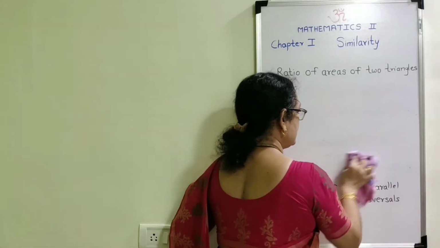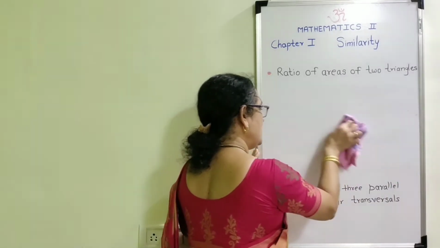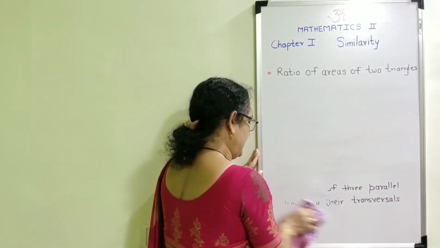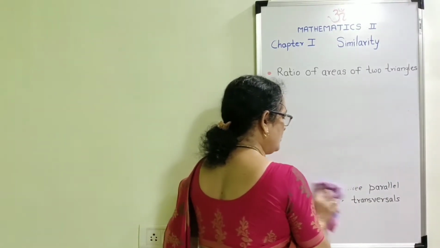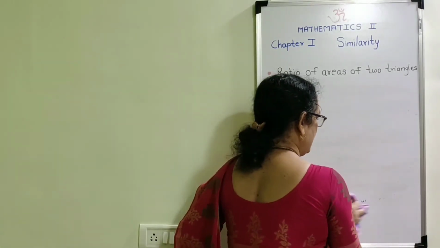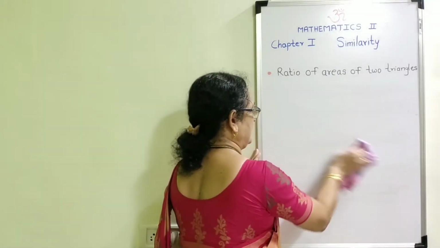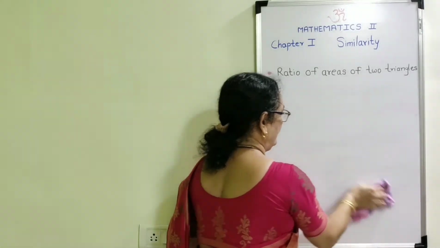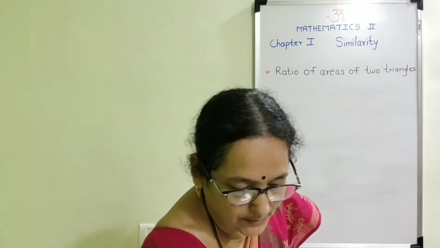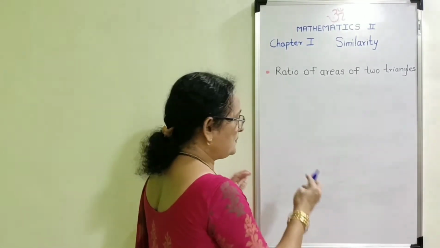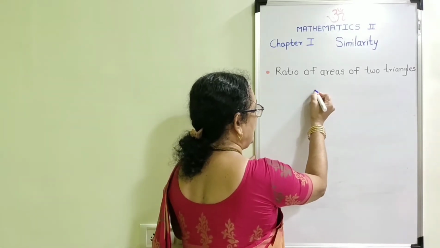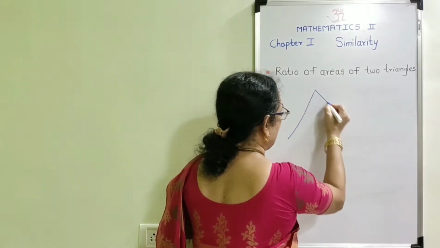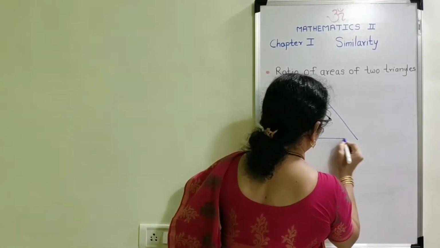I am going to draw a small figure on the blackboard. Please observe that figure and let us recall how you are going to find out the area of that triangle. Now observe the figure on the blackboard. I have taken an acute angle triangle.